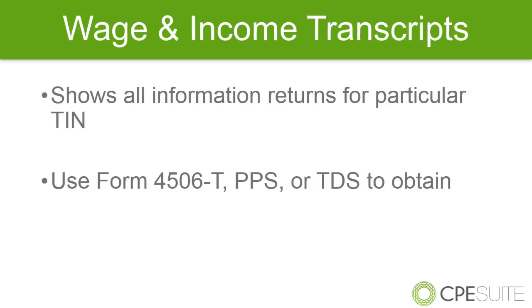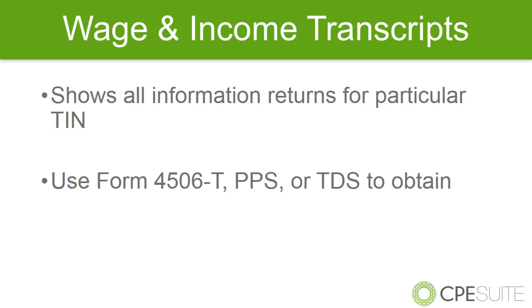Real quick now, let's take a look at wage and income transcripts. Wage and income transcripts are a very valuable tool, particularly when you are doing 1040 tax resolution work. That's about the only time I ever pull wage and income transcripts.